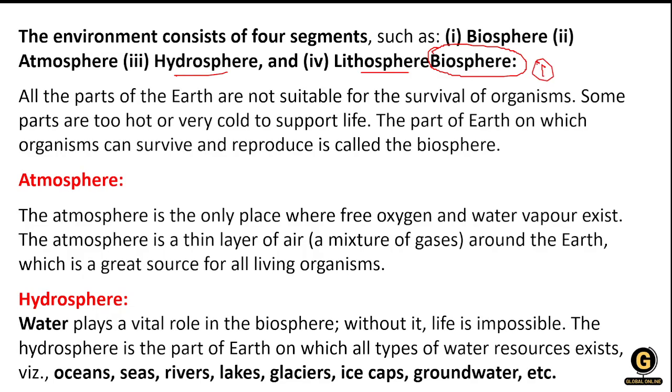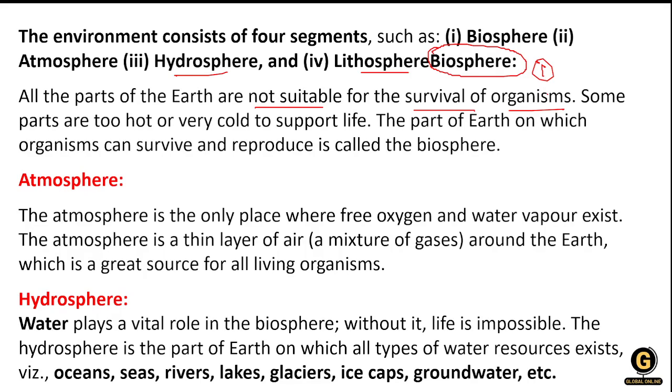Let's discuss what is biosphere. Biosphere is like this: all the parts of earth are not suitable for the survival of organisms, clear. The surrounding of earth is not the same everywhere. There are different kinds of surroundings or environment over there. So every living being, every organism, cannot survive in every kind of surrounding or environment, clear.